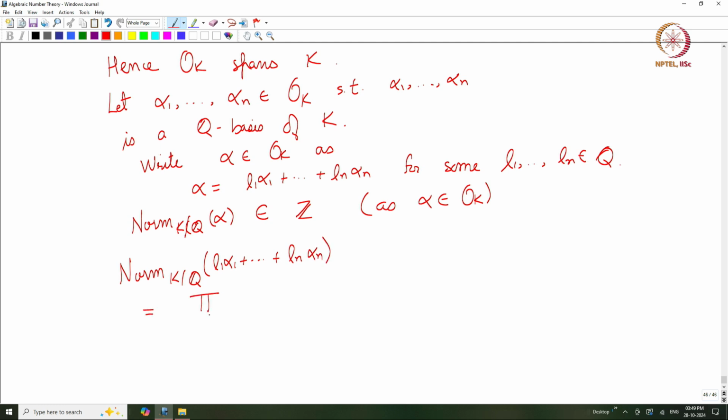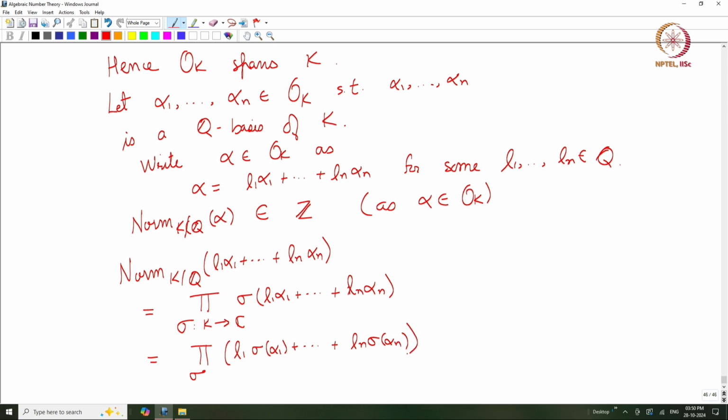How do we calculate the norm? Well, I take all the embeddings sigma from K to C and then I apply it to this element. Another way of writing this, because my l_i are rational numbers, I can take the same product, but I can write it as l_1 sigma(alpha_1) plus so on up to l_n sigma(alpha_n). Okay.